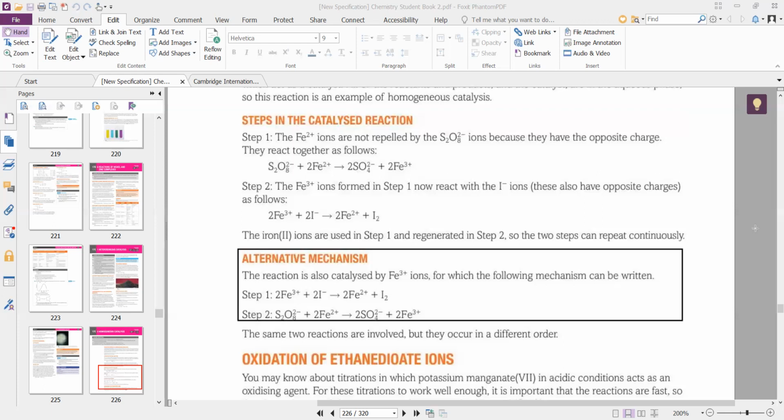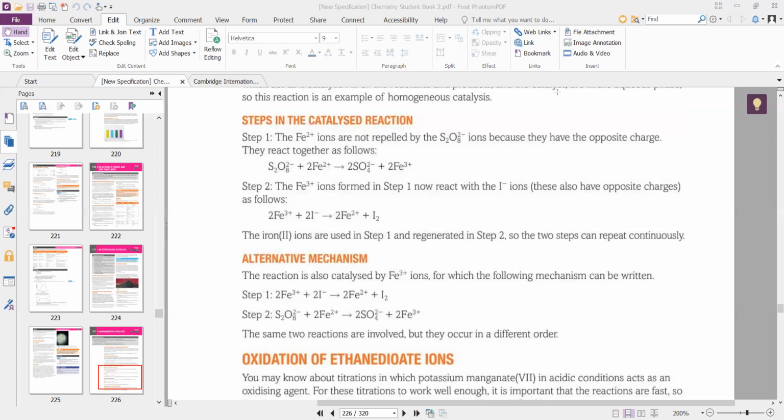Right. Okay. Example number 2: oxidation of ethanedioate. Still writing?